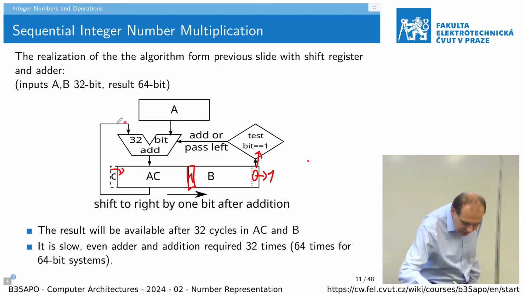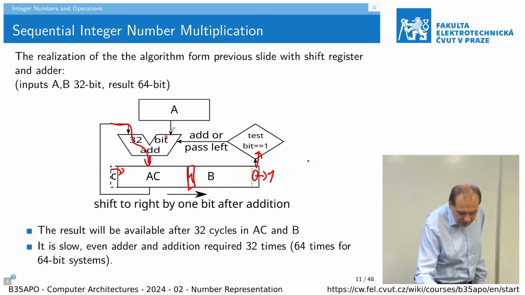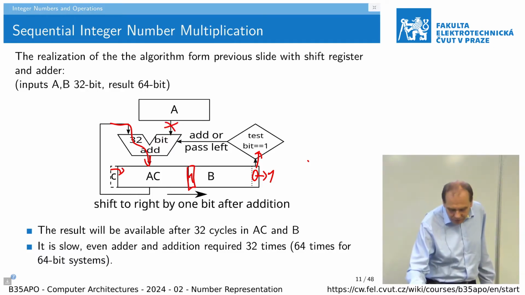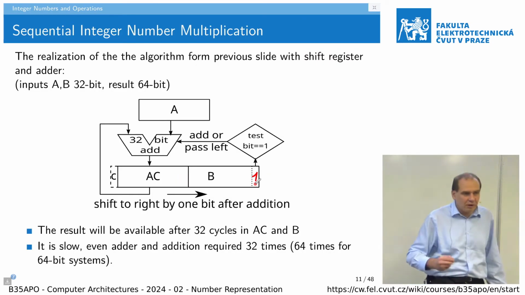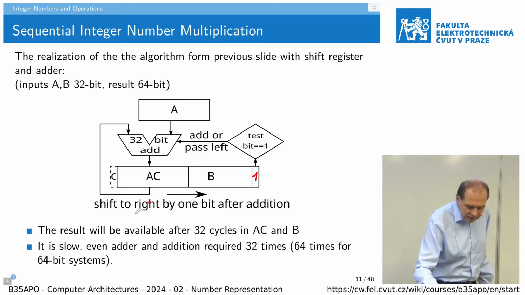So in this case, we only pass the input to the output of the adder, and this A is ignored for this step. And again, we shift to the right. Then again, there appears a bit which is equal to 1. This informs, okay, take A, add it to the result, and so on.